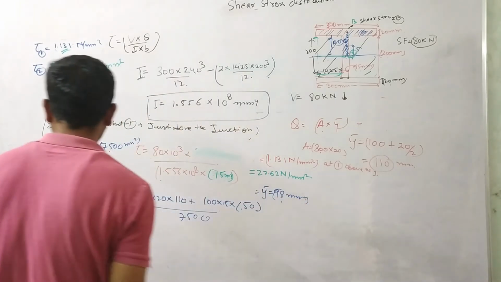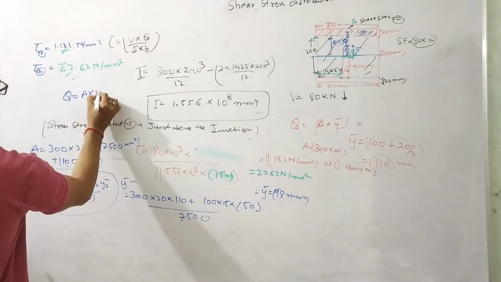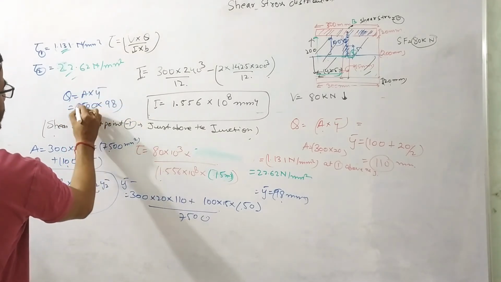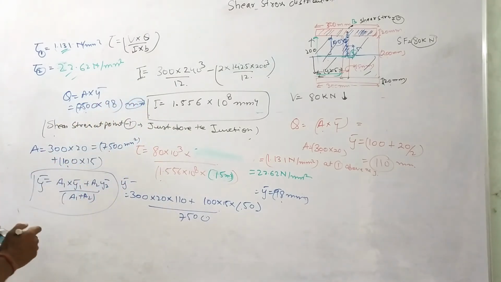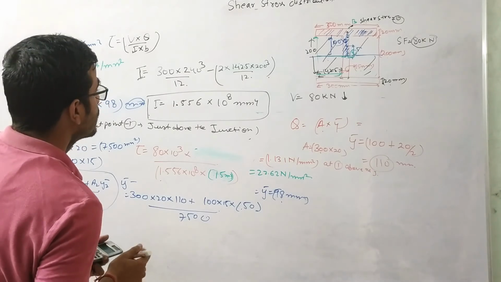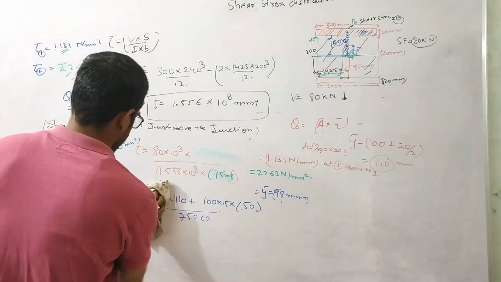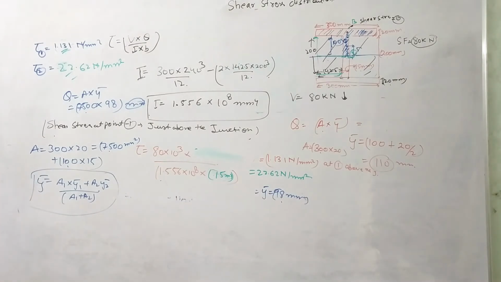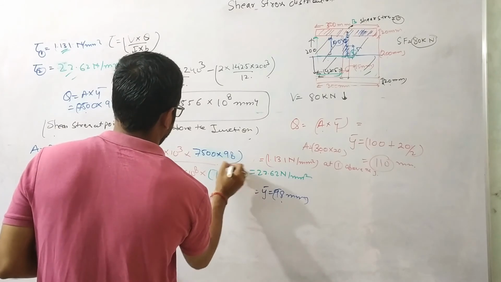Now Q is A into Y bar, which is equal to 7,500 into 98, and the unit will be mm cube. This is not the volume; don't confuse it with that. Now I'll put this value in the formula. This is 700 into 90.